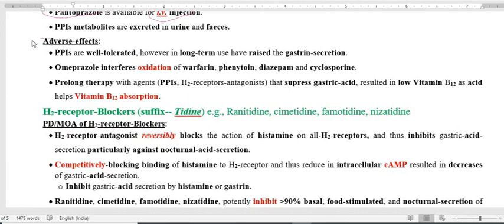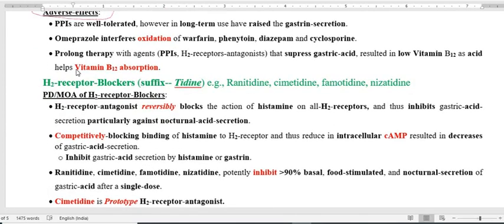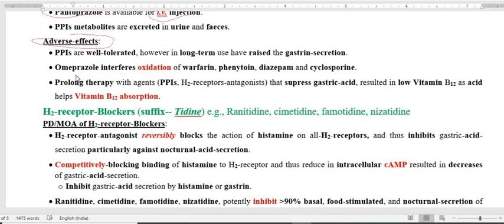Regarding adverse effects of the proton pump inhibitor, the main side effect is that if you use a proton pump inhibitor for a longer time, acidity is less. If the acidity in the stomach is low, it will inhibit the absorption of vitamin B12.